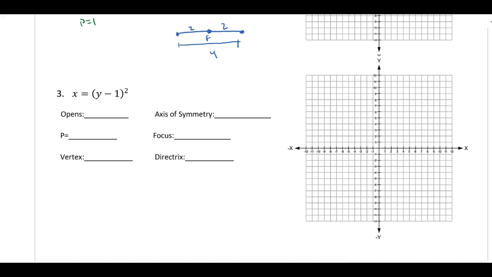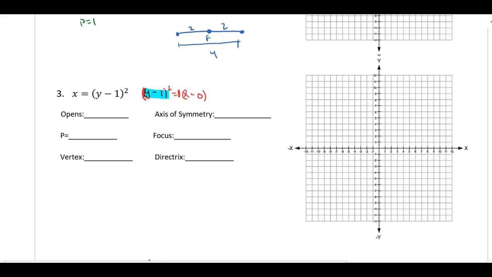Now, the next one. This is where it's written a little weird. So we're going to rewrite this as y minus 1 all squared equals x. Right? So in this case, what's being squared now? And that's y. Right? So my y is being squared. So this would actually be x minus 0, right? The way it's written.